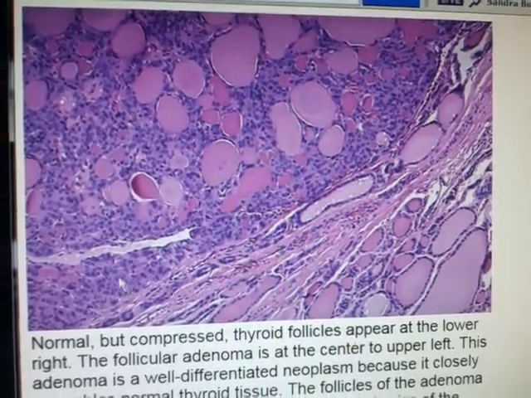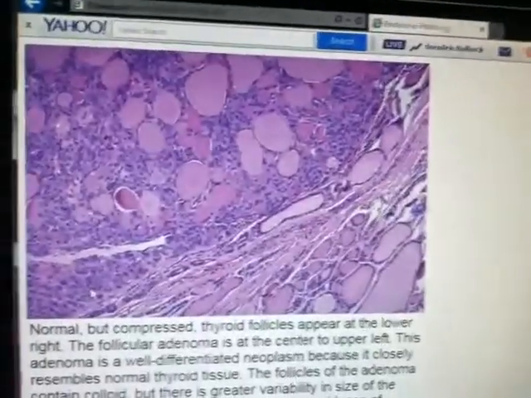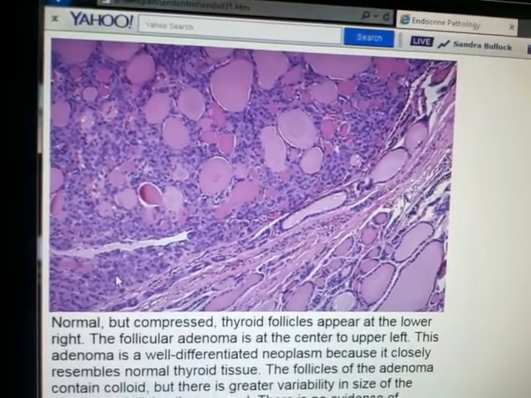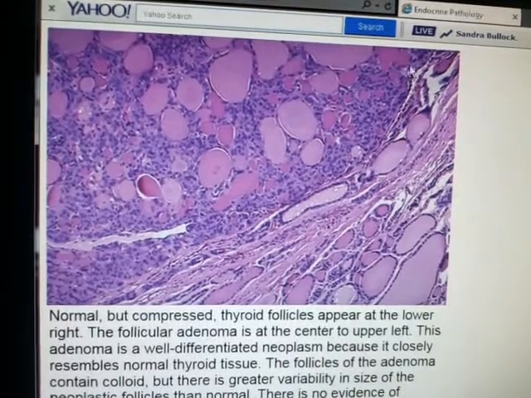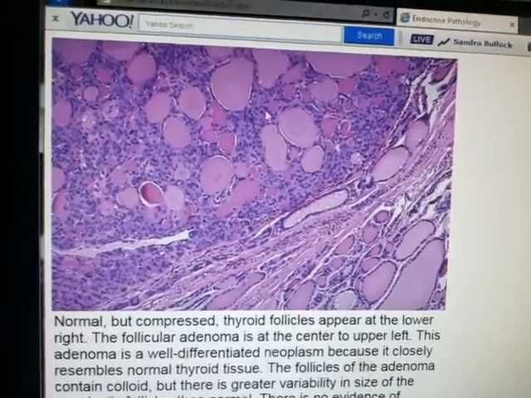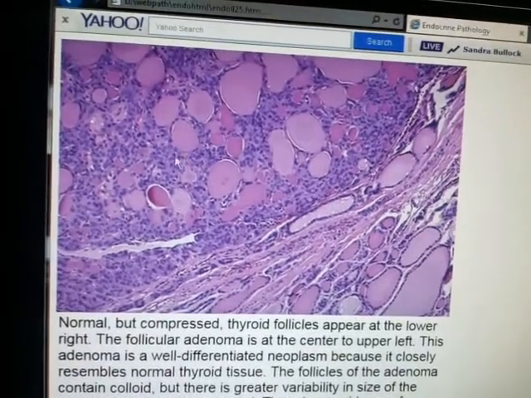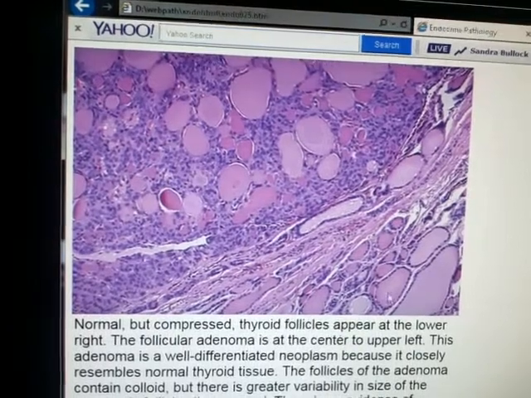Here are very small follicles. They don't have a lumen and don't contain colloid. While in the same region there is a cystically dilated follicle. The variation in size is marked and more prominent than the adjacent normal thyroid tissue.